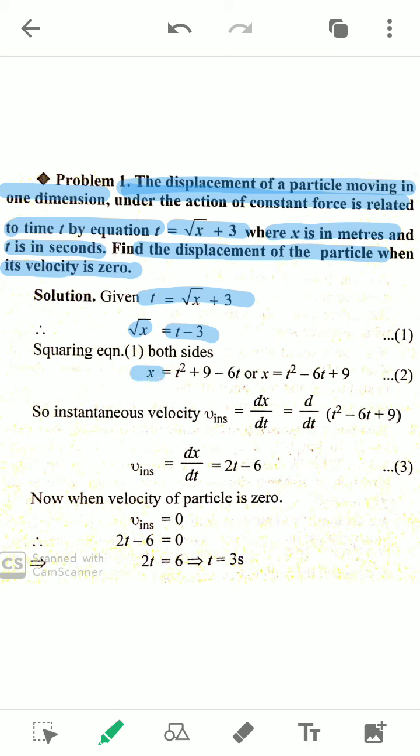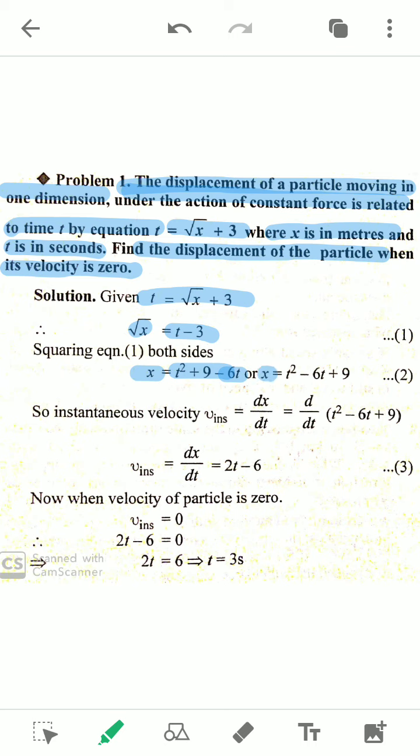So x equals the square of t minus 3. Apply the rule (a minus b) whole square equals a square plus b square minus 2ab. So we apply, that is t square plus 3 square minus 2 into 3 into t. So that equation you rewrite in order.